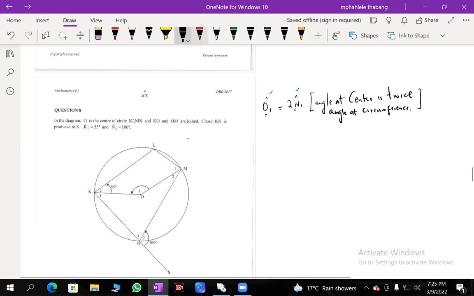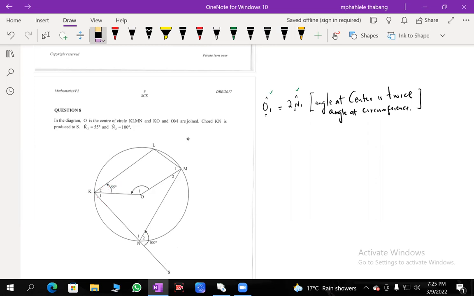Everything that they are saying, they have shown it on the diagram. That angle K2 here is 55, and angle N2 here is 100. So let's continue with our interpretation of the information.